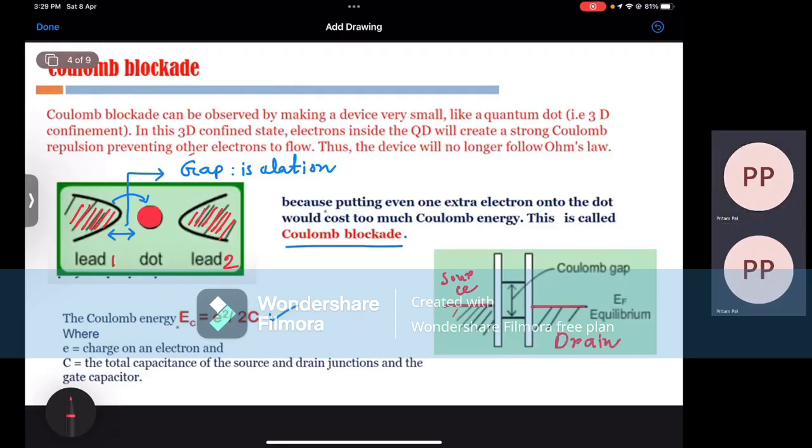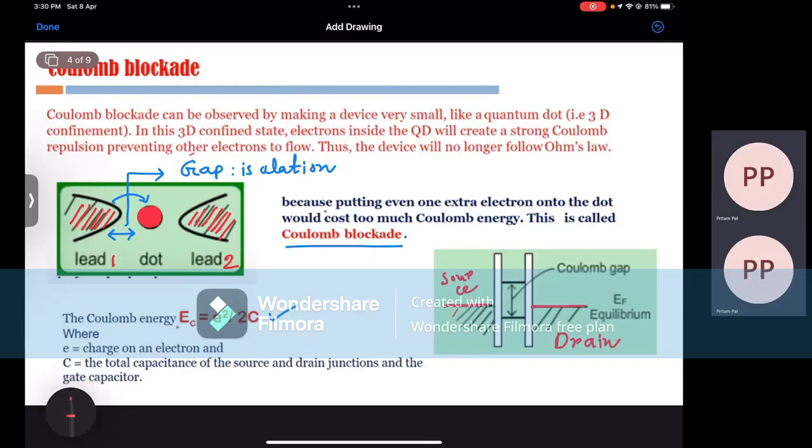The continuous energy states exist here, and because of this quantum dot, because of the strong confinement, quantum effects come into the picture. And the allowed energy states in this dot are discrete, whereas in the leads the allowed energy states are in the form of a continuous band.